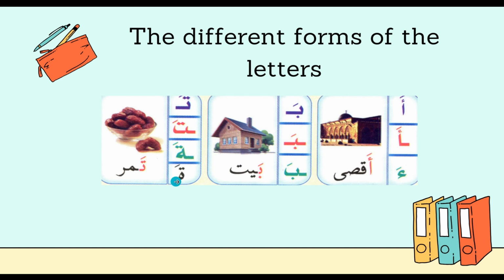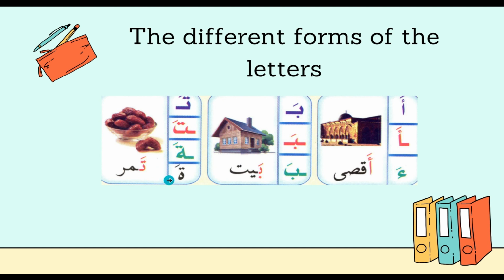And we have two new forms here of ta. This type of ta is called ta marbuta. Ta marbuta. And you have to know two important things about ta marbuta. The first is that ta marbuta only comes at the end of the word. So the position of ta marbuta is only at the end of the word.